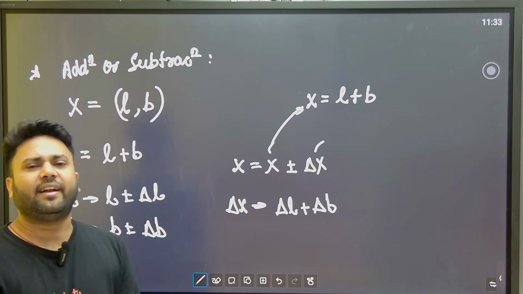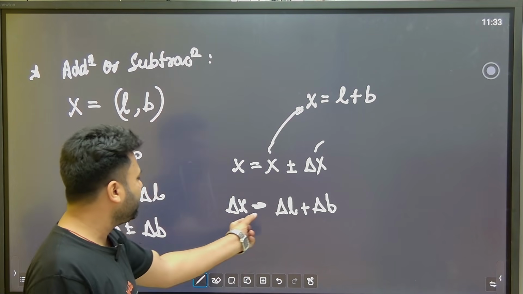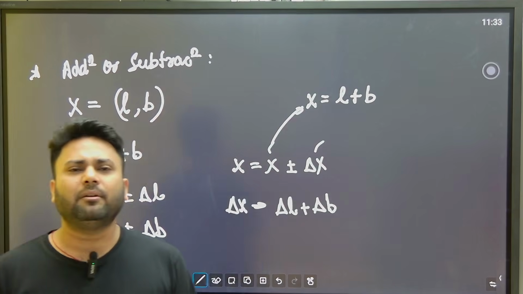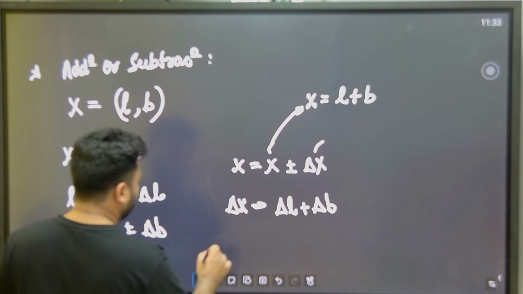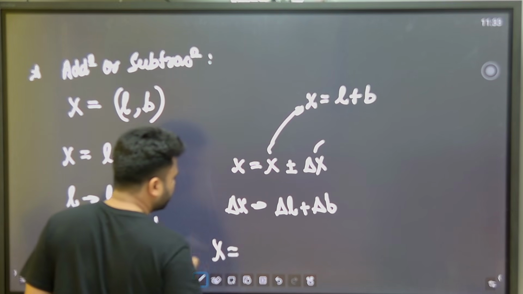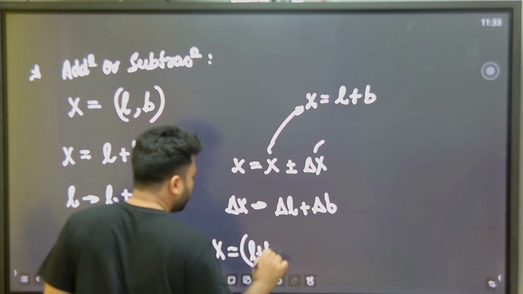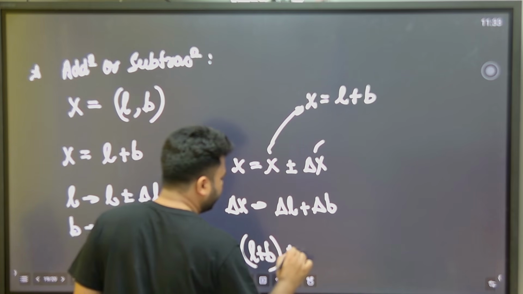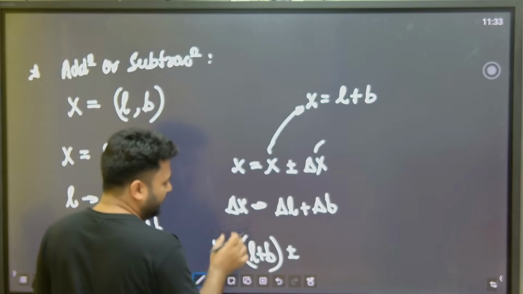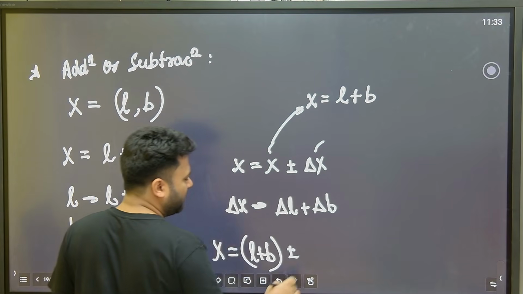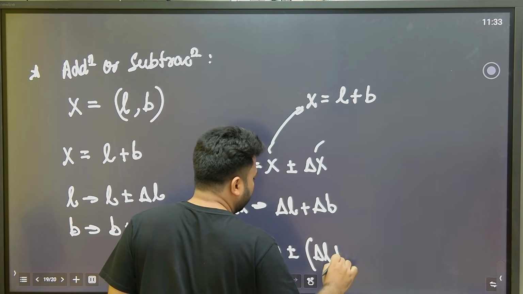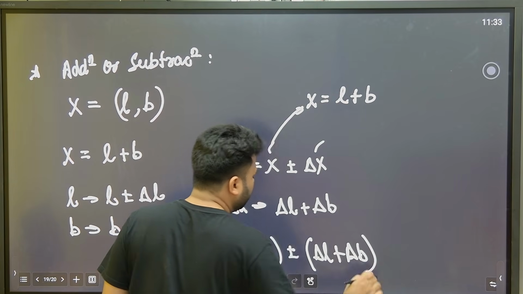So delta x will become delta L plus delta B. So finally we can write x equals L plus B, plus minus delta x, where delta x is delta L plus delta B.